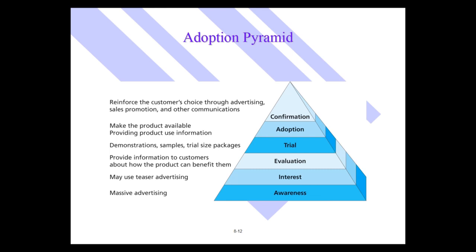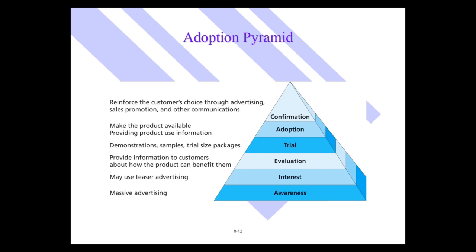Many people talk about the adoption pyramid, how products are adopted. It's a little bit more extensive than the AIDA concept, but as you can see, it's very, very similar. You've got to get their awareness, and that's usually done with massive advertising. You need to generate their interest, and maybe that means it's teaser advertising. You want to get them to consider it or evaluate it, so you give them the information that they need.